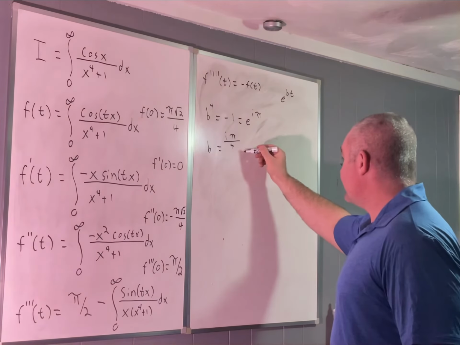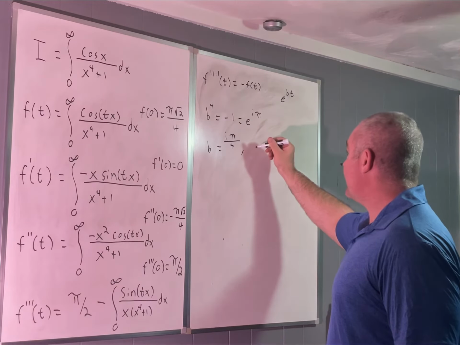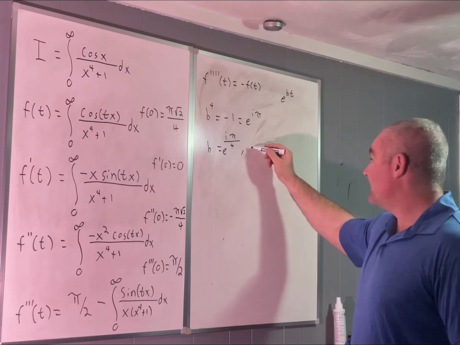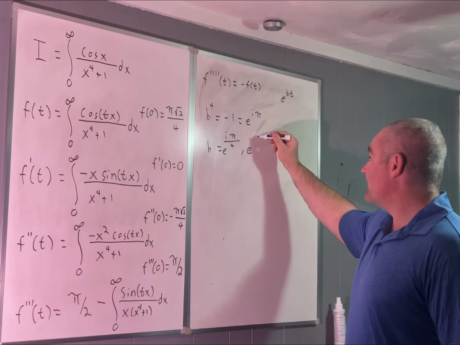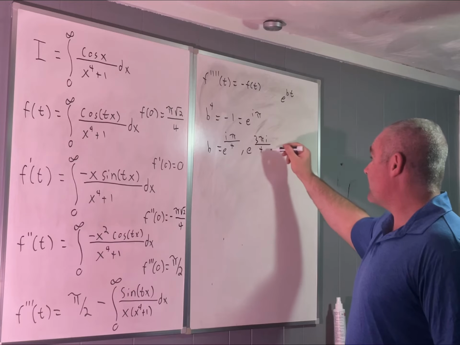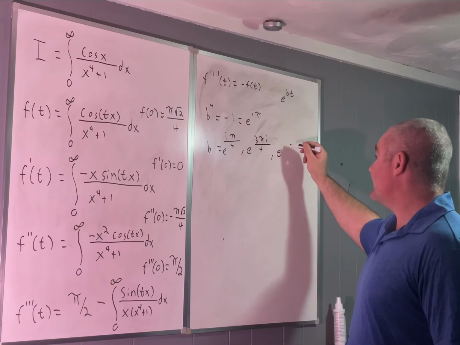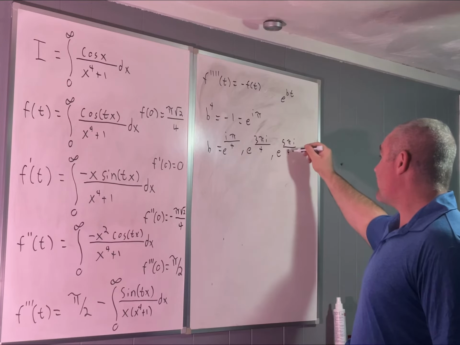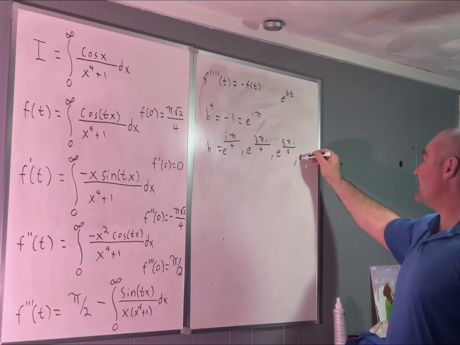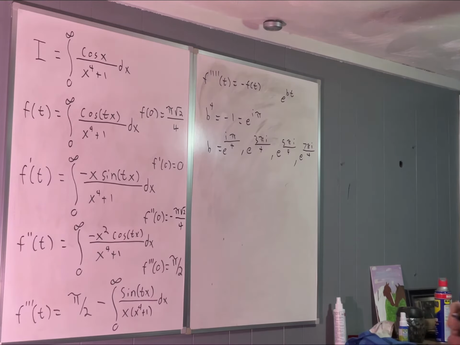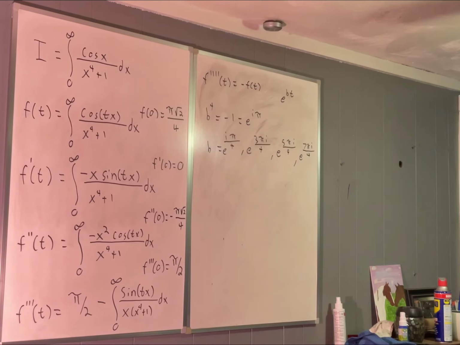It can be e to the 3 pi i over 4. It can also be e to the 5 pi i over 4, and it can also be e to the 7 pi i over 4. And you can verify that.